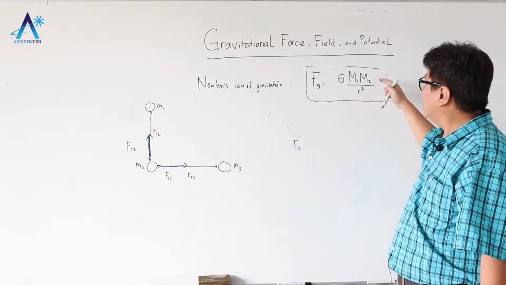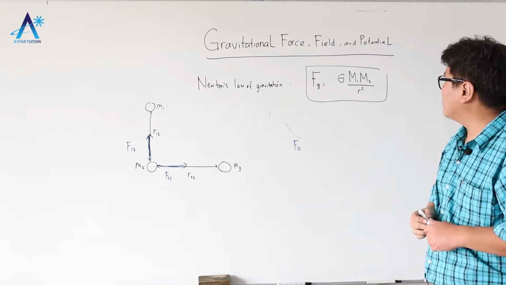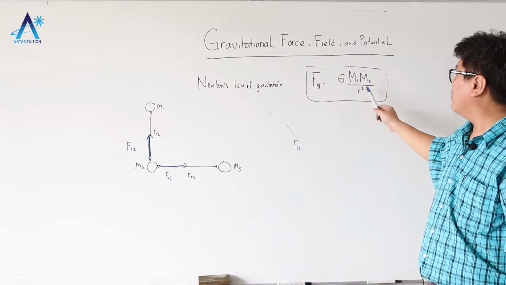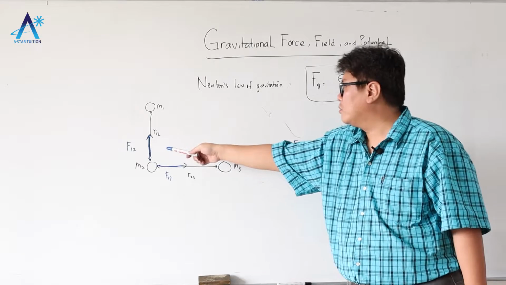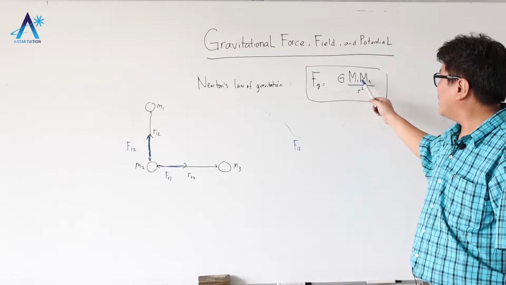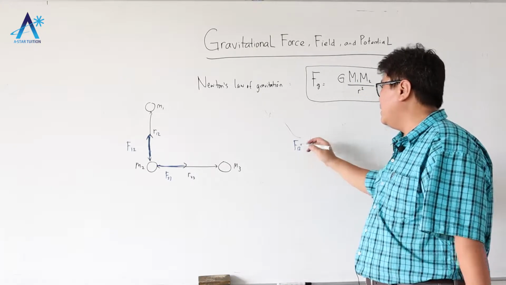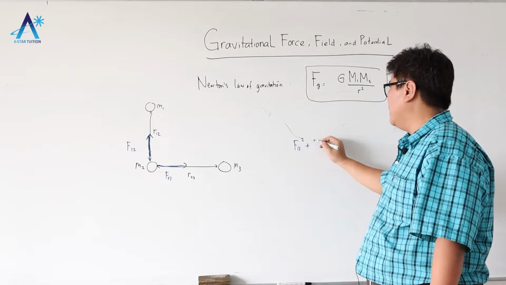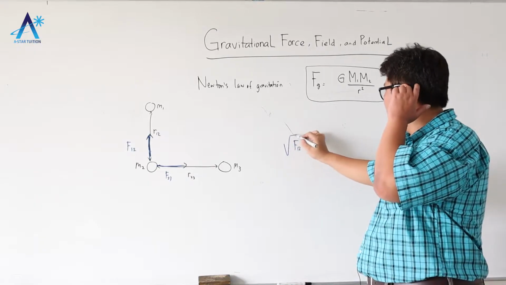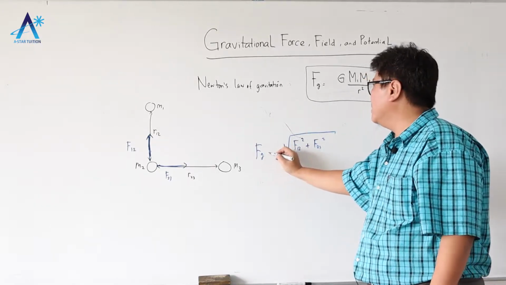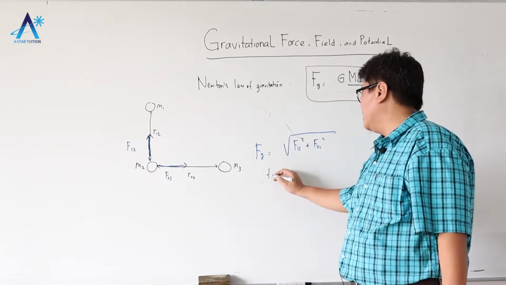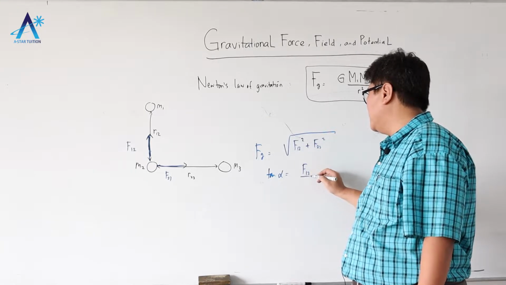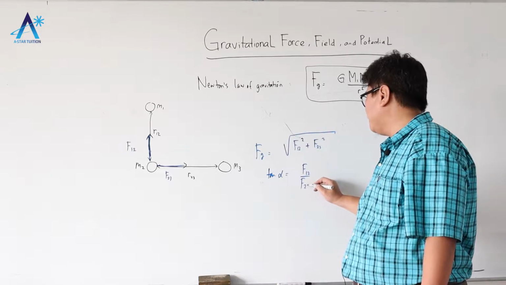Remember, please use the appropriate values. For instance, if you want to find F23, use m2 m3 over r23 squared. If you want to calculate F12, use m1 m2 over r12 squared. In this case, because F12 is vertical and F23 is horizontal, you can just use this to find the resultant force, and then you can find the direction by using tan alpha equal to F21 over F23, because this is the vertical and this is the horizontal.